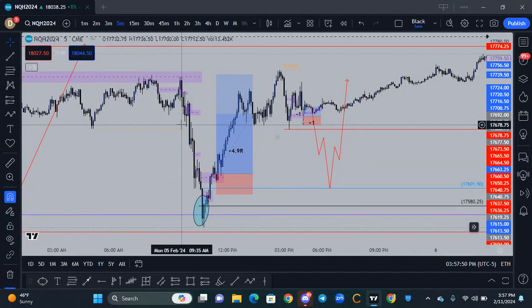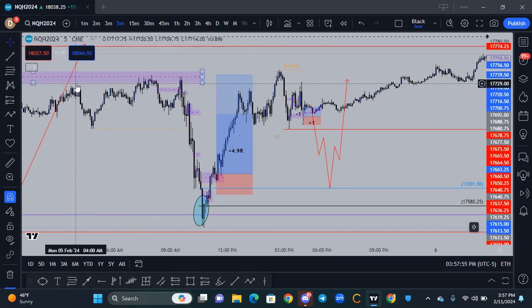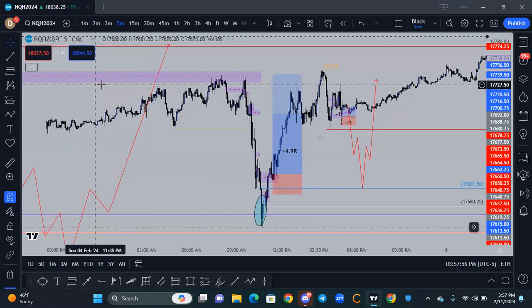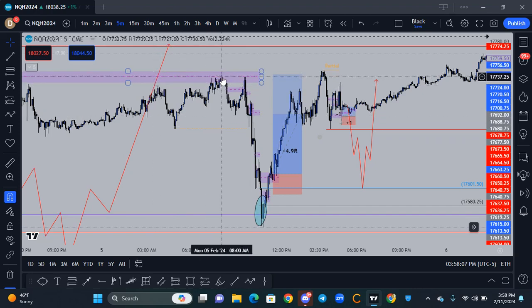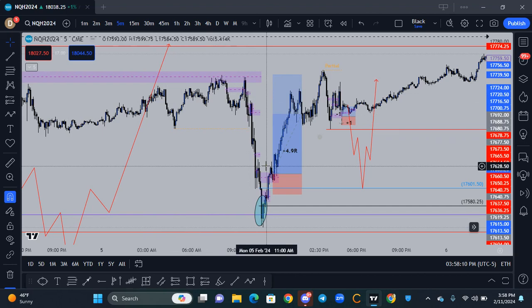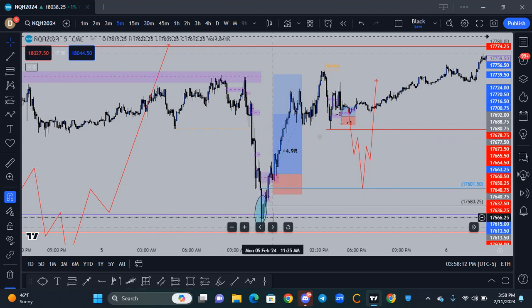Started that morning, around 9. I thought this was the raid right there. That was starting London, so buy side got taken. Man, we need to sell something. I think I took this around the afternoon.